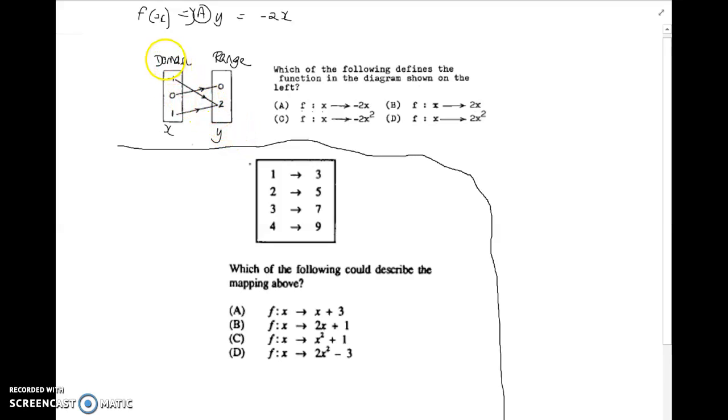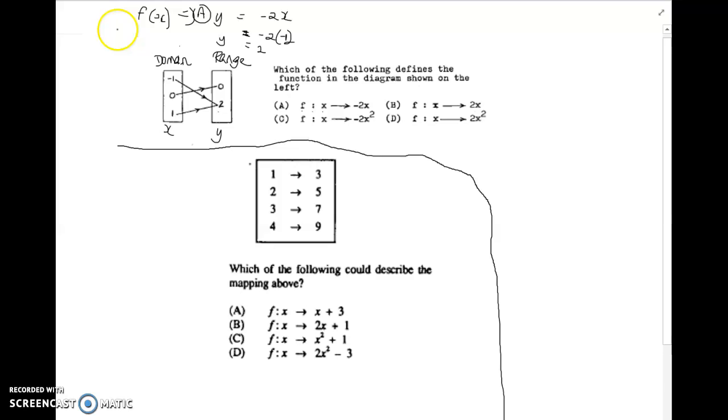For example, when x is -1, according to this diagram, we're going to get y is 2. Negative by negative is a positive, we get positive 2 for y, which works out there.